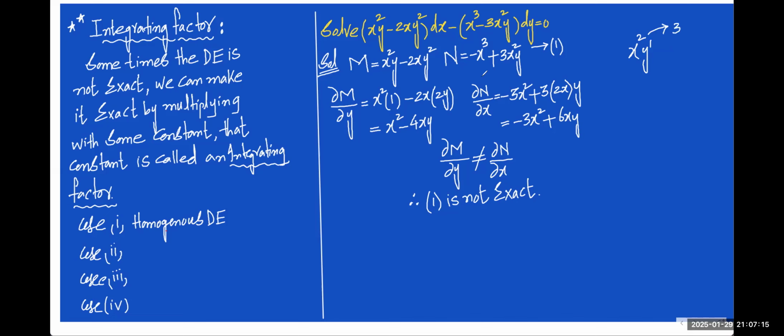Here 2 is a constant, the power of x is 1, here 2, so it becomes 3. Then for the individual x, the power is 3. x cube, x square y, total 3. All the x powers and y powers together are the same. Such a type of differential equation is called a homogeneous differential equation.